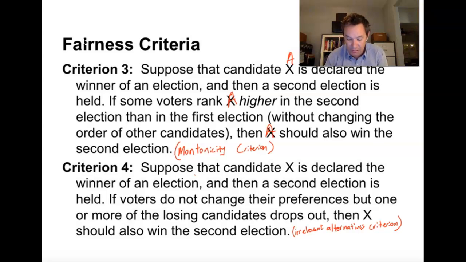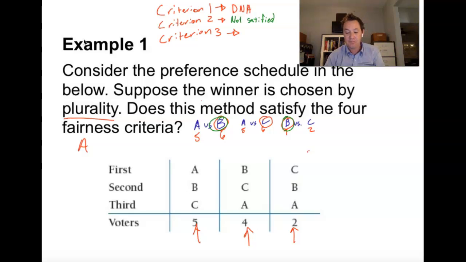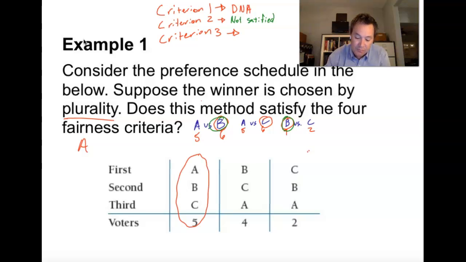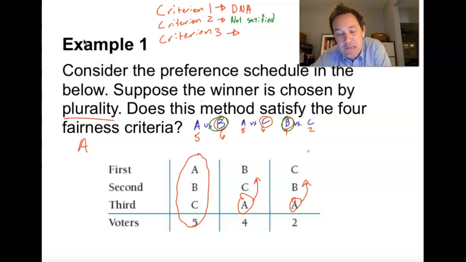So if we go to our table, the idea here is that A in this new election will still retain all the first place votes that they got before. So these voters just leave their rankings as is. But if A can move up without changing the order of B and C, then this criterion says A should still win the election.